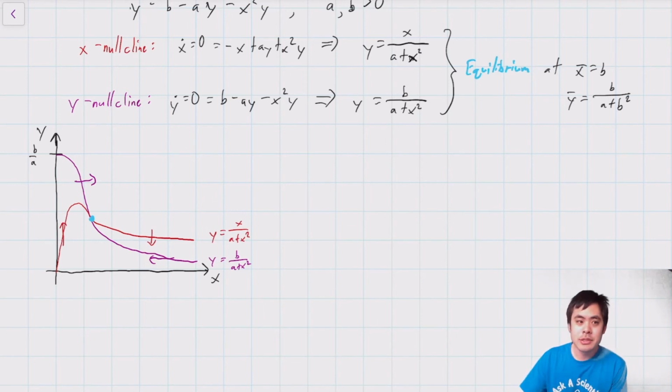Now, one of the things about these nullclines is, let me put this in as a note.